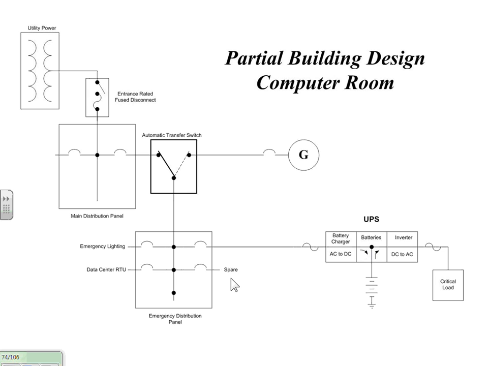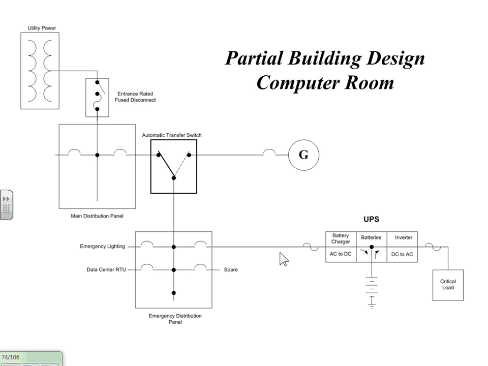We might have a spare in our emergency panel. The other things that we don't want to put on the UPS, obviously we don't need to run the air conditioning on the UPS or the emergency lighting. So those are kept on the emergency distribution only. The supercritical load comes in utility through here, through the switch, through the UPS to that critical load.